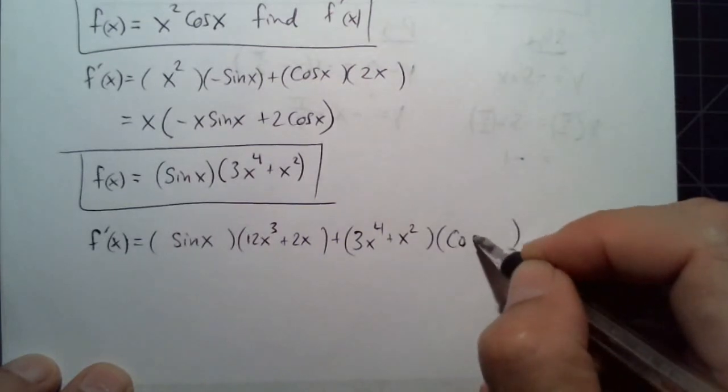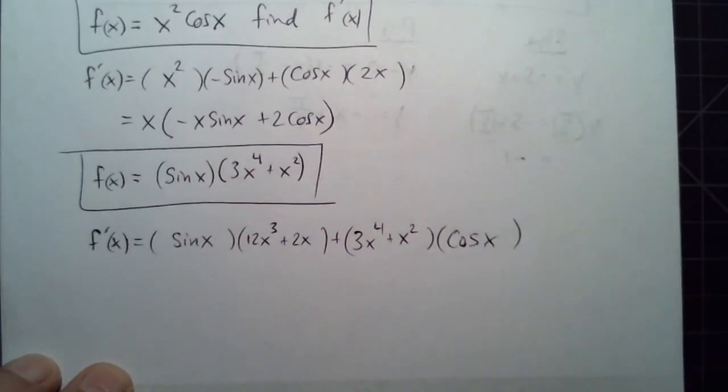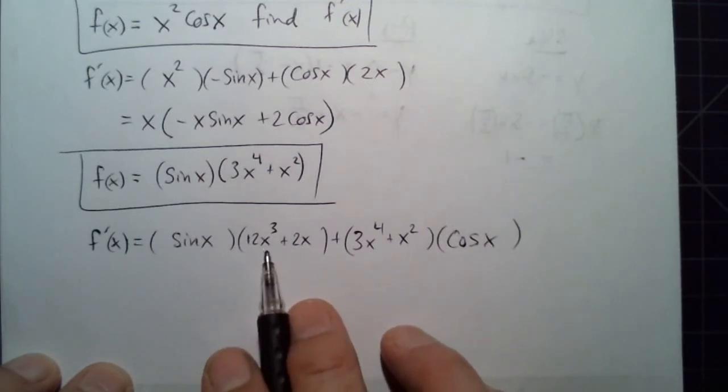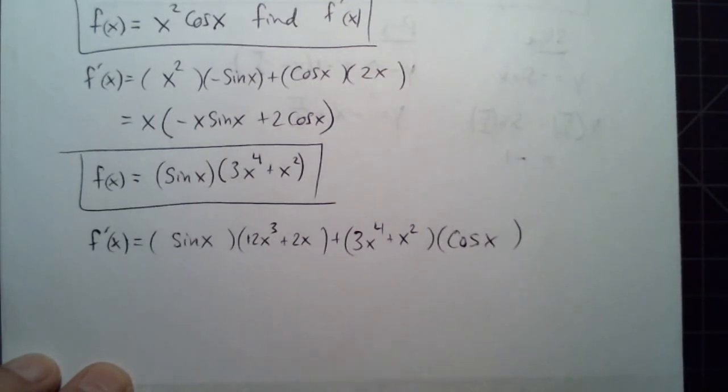The derivative of sine is cosine. There's some factoring that could happen here. Let's see, we have an x squared. We could just factor out an x, so we'll just leave it like that.